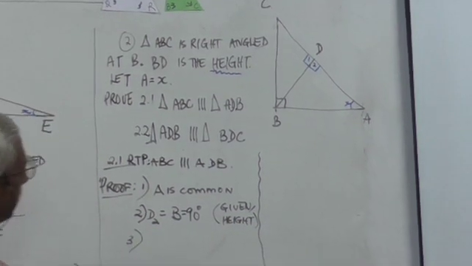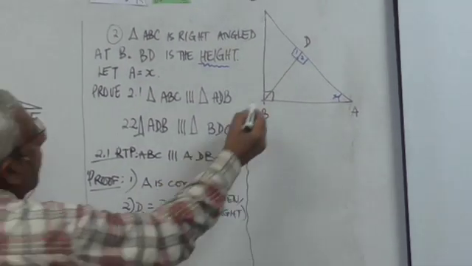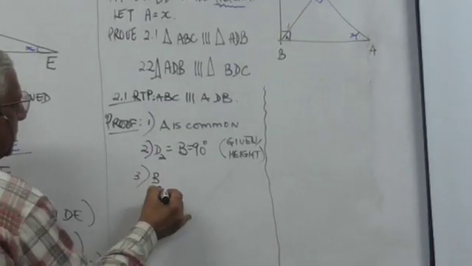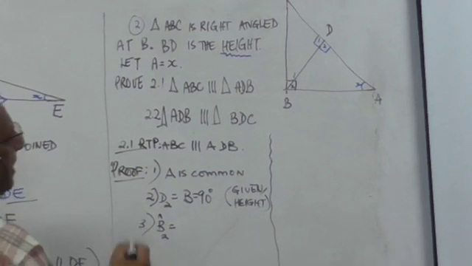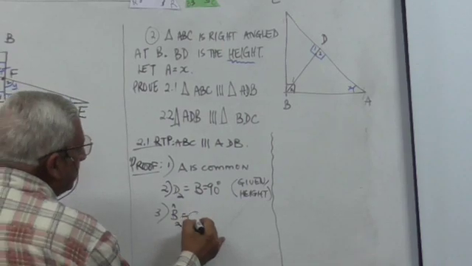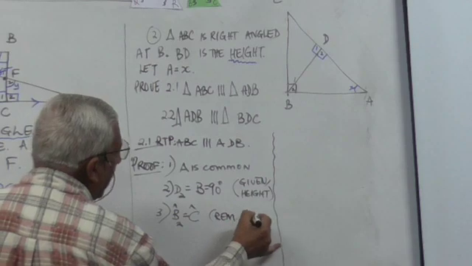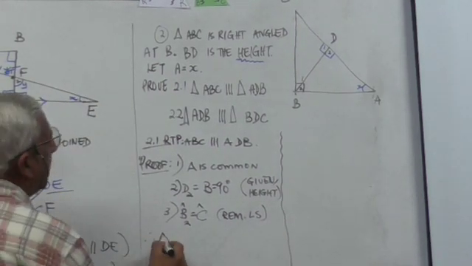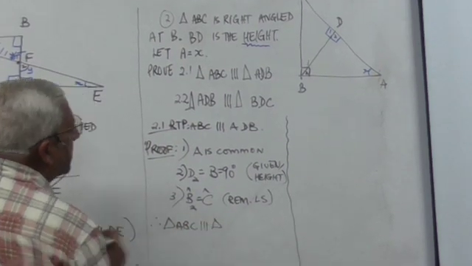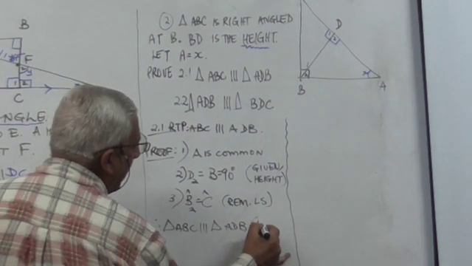And number 3, the remaining angle. So what is the remaining angle? Let's call it B1, B2. B2, the remaining angle, will be equal to C, because these are remaining angles. Therefore, triangle ABC is similar to triangle ADB. Angle, angle, angle.